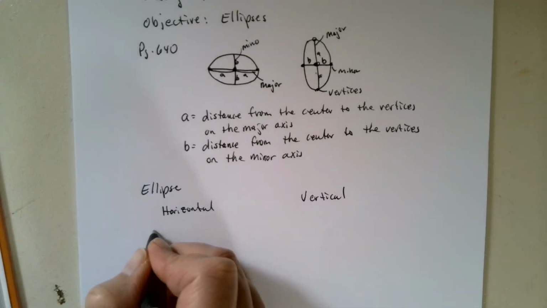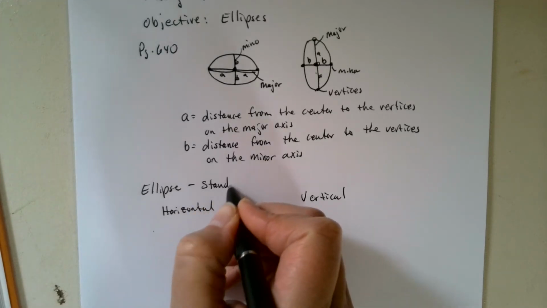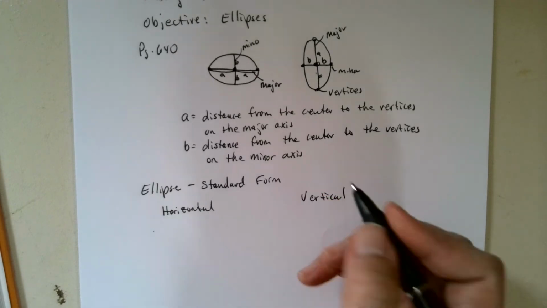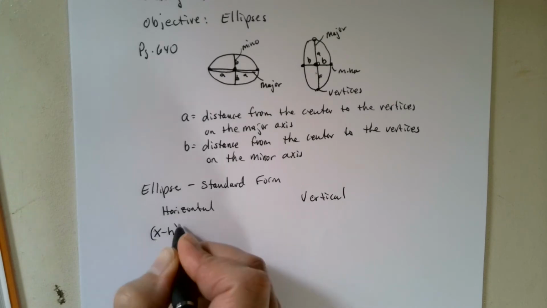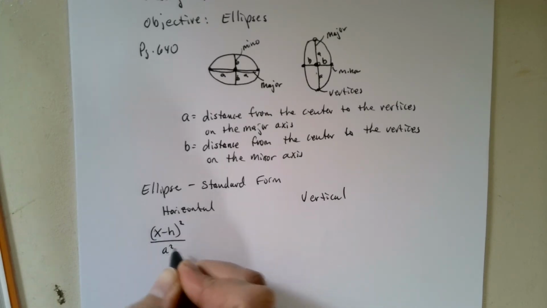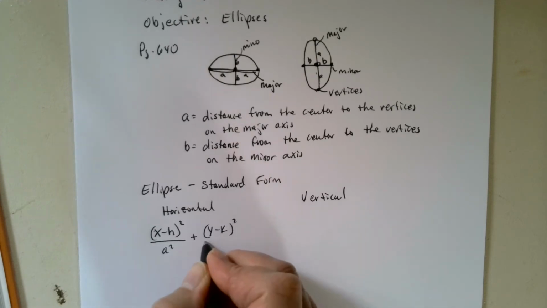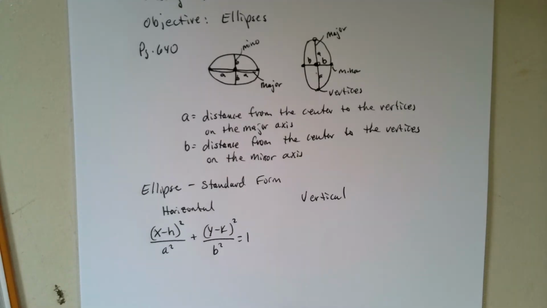So the horizontal version of the ellipse, we'll call it standard form, or the formula, however you want to say it, is (x minus h) squared over a squared plus (y minus k) squared over b squared is equal to 1.